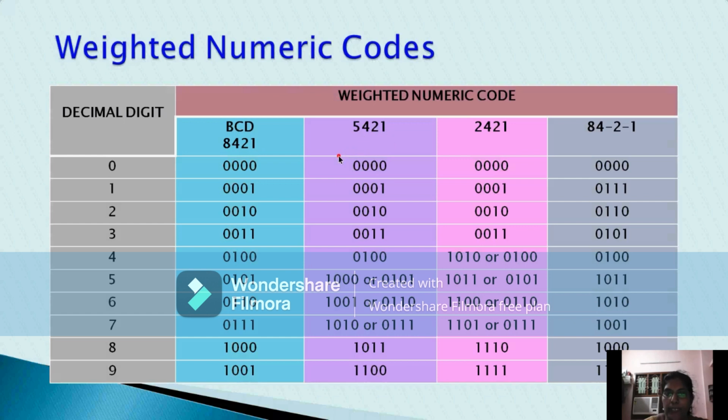Understood? Now how does this weight value come? For example, here I take the decimal portion, and here I have the BCD.